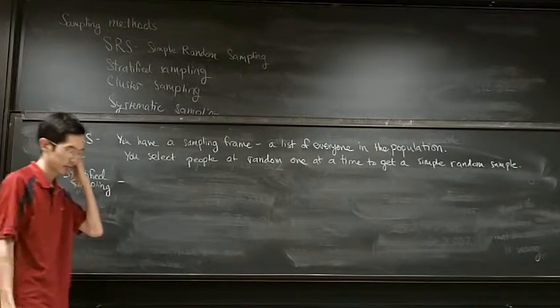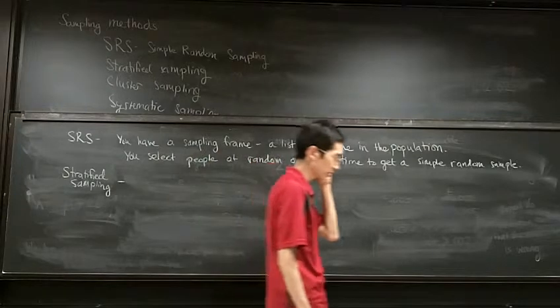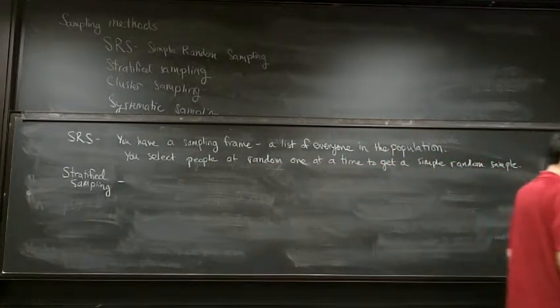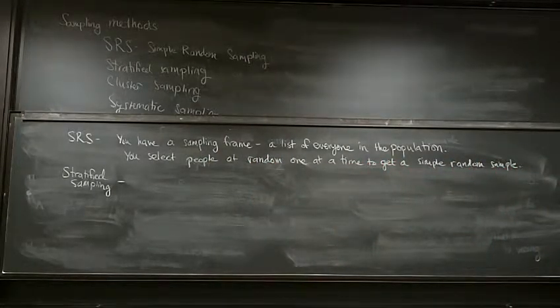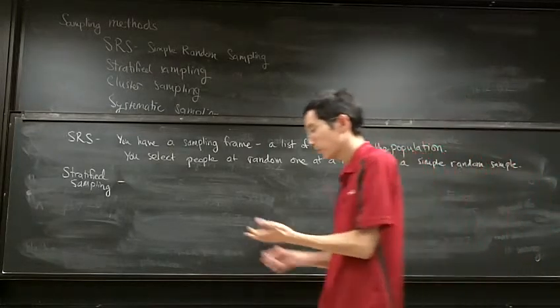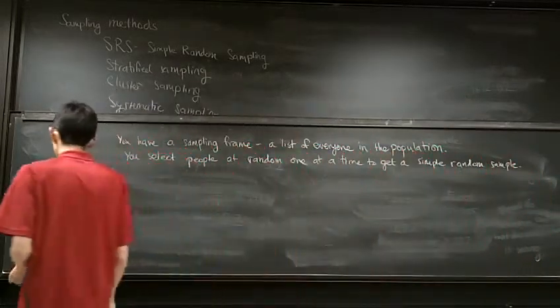Stratified sampling is a little different. Here, your population has subgroups, and the subgroups are defined by a common trait. Okay?